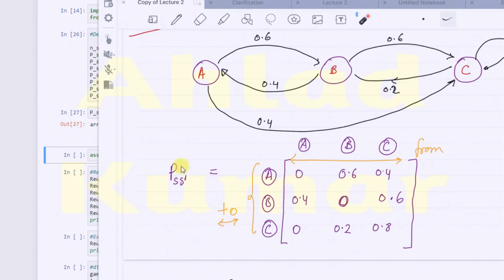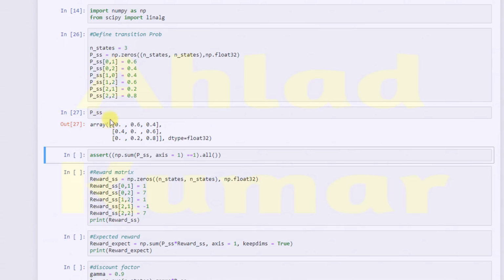So this is the transition matrix that we have over here. Now this particular equation is trying to check whether the columns of this matrix are obeying the property of the transition matrix, that is, if you sum the columns of this matrix, its value will come out to be equal to 1. It is just trying to check that, and if it is not, then it will throw an error.